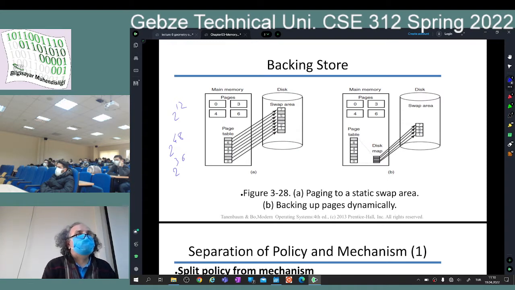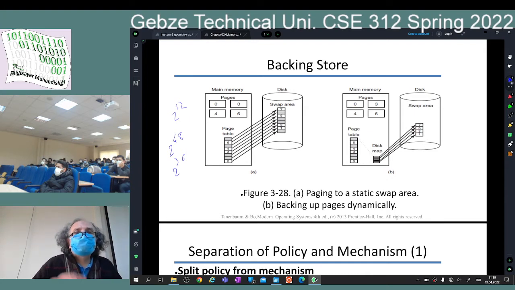You say, okay, I need 1 or 2 or 10 or 64 gigabytes of space, or 1 terabyte. I'm going to keep maybe 10% of my whole disk as swap area. Of course, the larger the swap area, the better for the operating system to make those decisions. But keeping it too large doesn't give you any help.